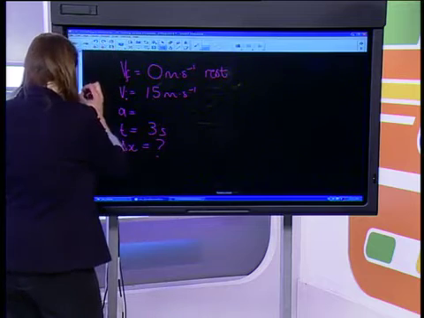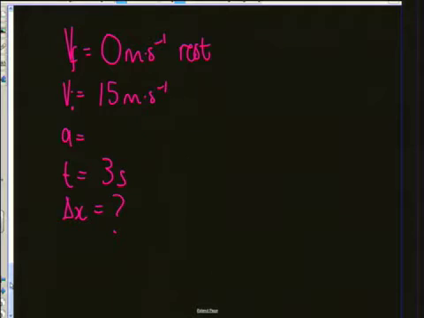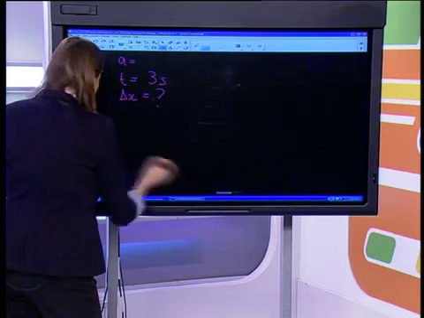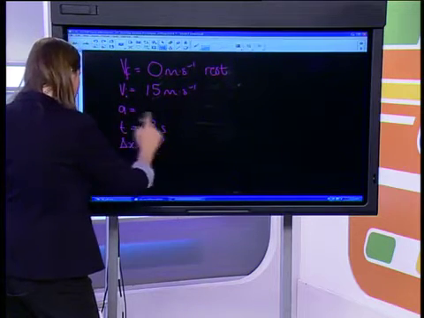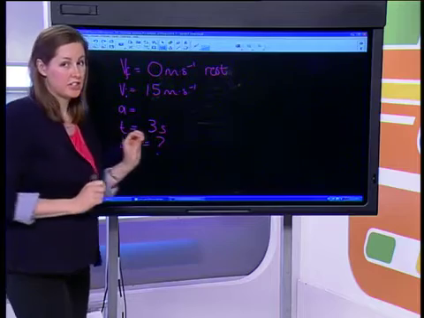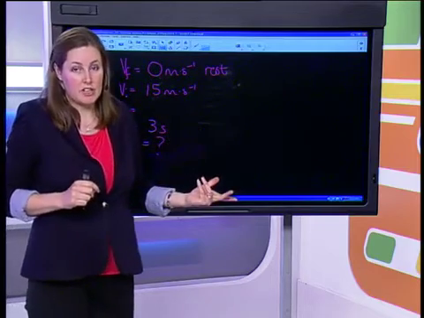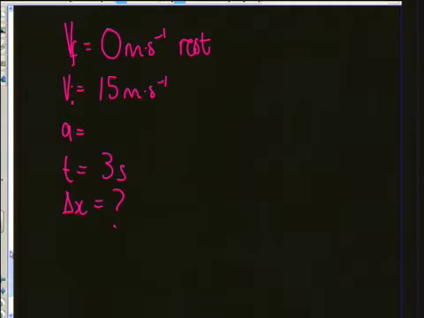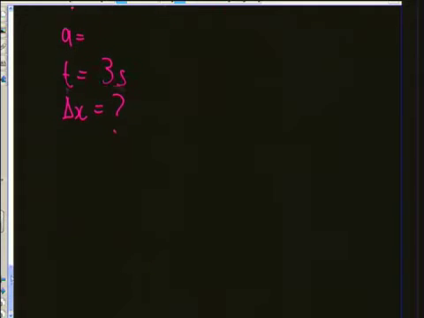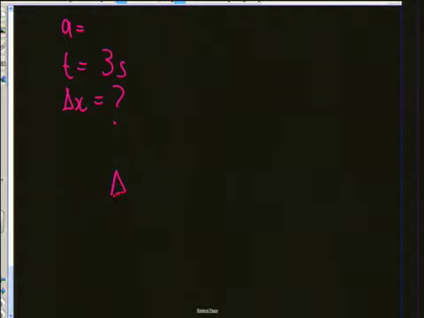So now I go along and say, okay, if that is my information, what equation can I choose? I don't want to choose an equation with acceleration in it because I don't have any information about acceleration. So I'm going to choose delta x is equal to v initial plus v final divided by 2 times by time.